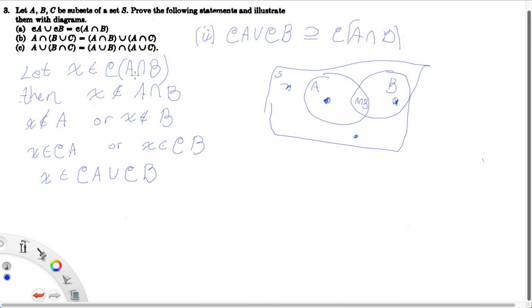We've just shown that any arbitrary x in the complement of A intersect B must also be in the complement of A union the complement of B.